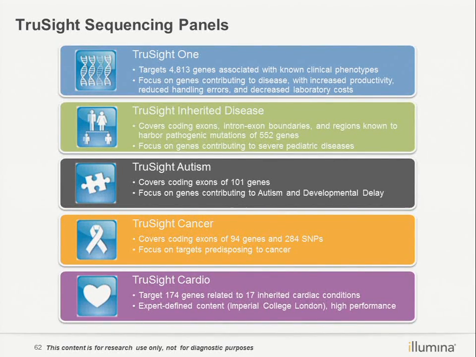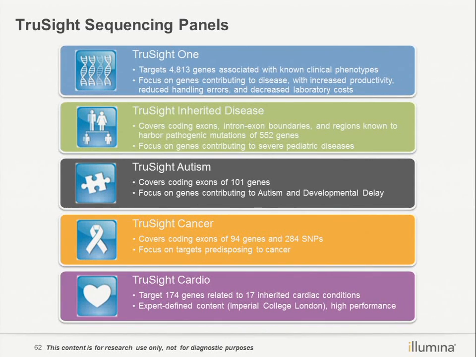And this kit, TruSight Inherited Disease, covers all the exons, intron-exon boundaries, and other regions of the 552 genes. These genes contribute to severe pediatric inherited disease. And this one is for some 100 genes related to autism or developmental delay.